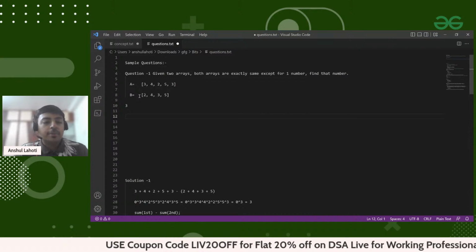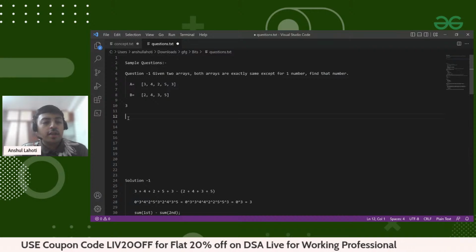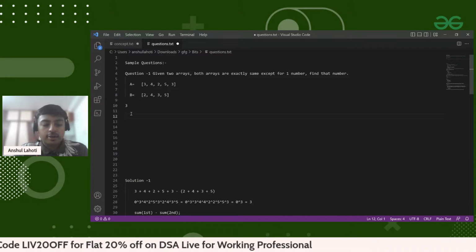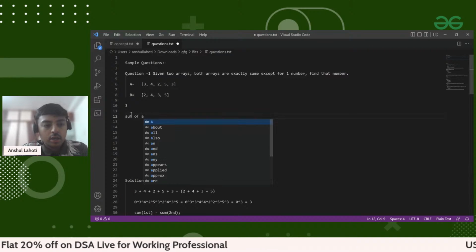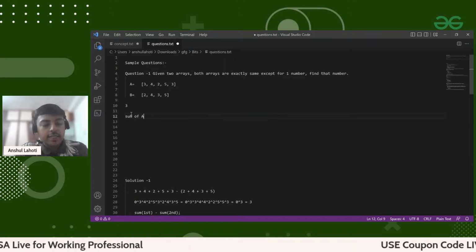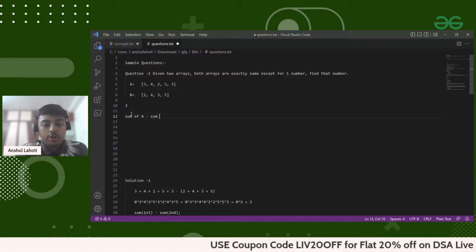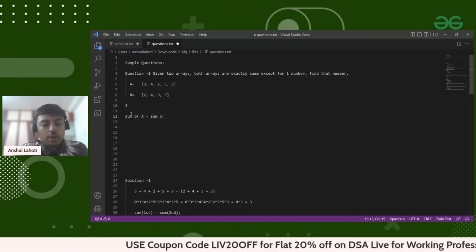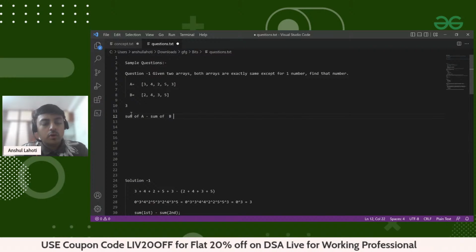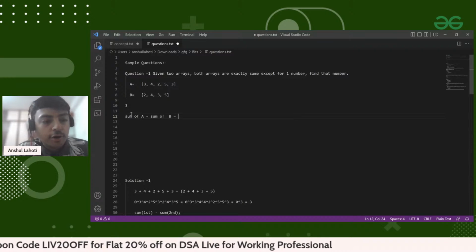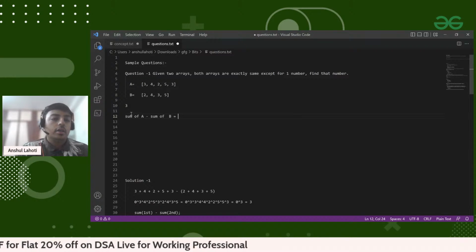So sum of A minus sum of B, and you will get the output, the difference.